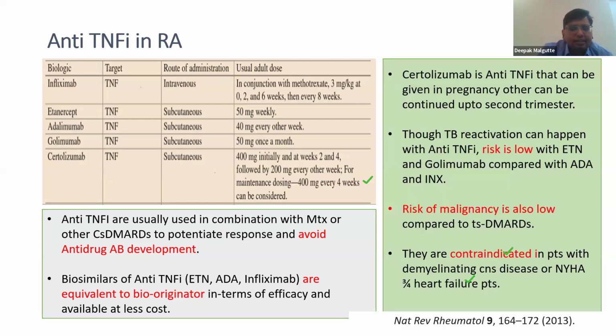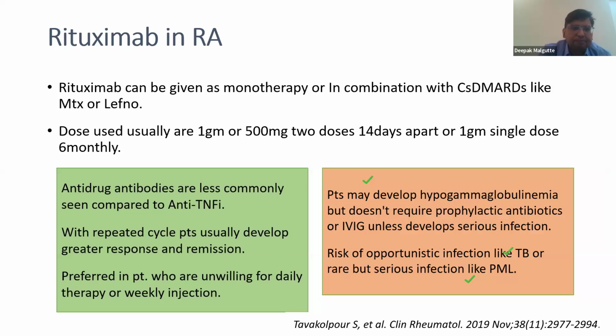The main risk that they have is TB reactivation, which would be comparatively less with etanercept and golimumab compared to adalimumab and infliximab. Also, the risk of malignancy is less, and they are contraindicated in patients who have a demyelinating disease or in patients who have type 3, type 4 heart failure.